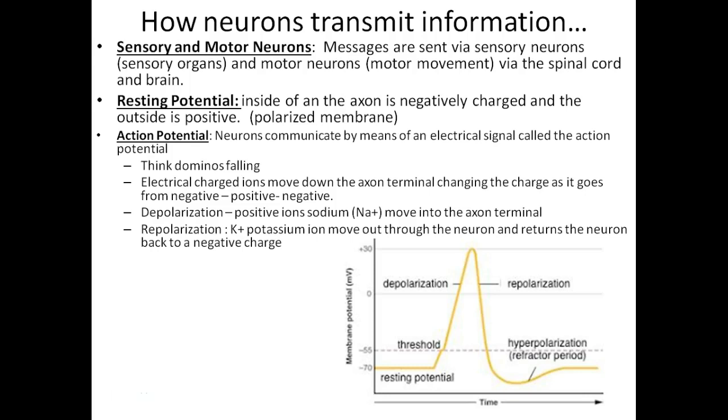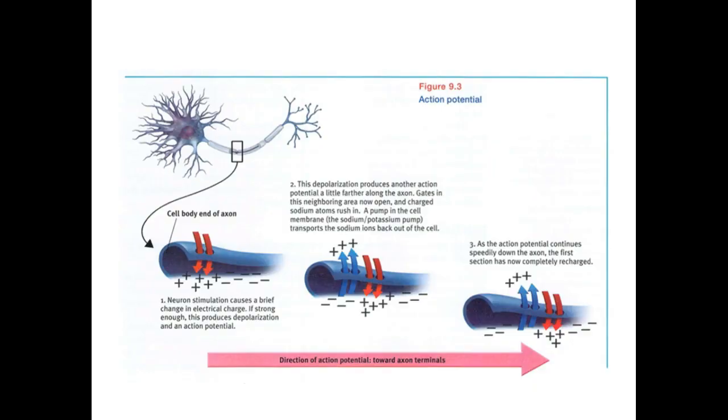After it's done firing, we see potassium move throughout the neuron, which helps turn the neuron back into a negative charge from a positive charge. A better way to visualize it is right here. So what we would see is the sodium coming in, this positive charge coming into the axon terminal.